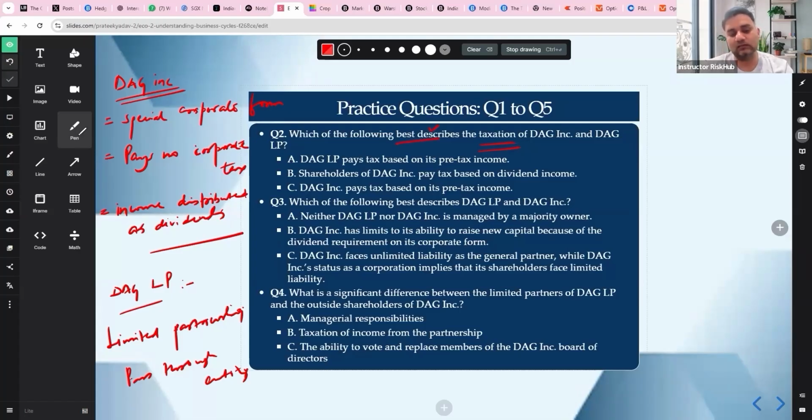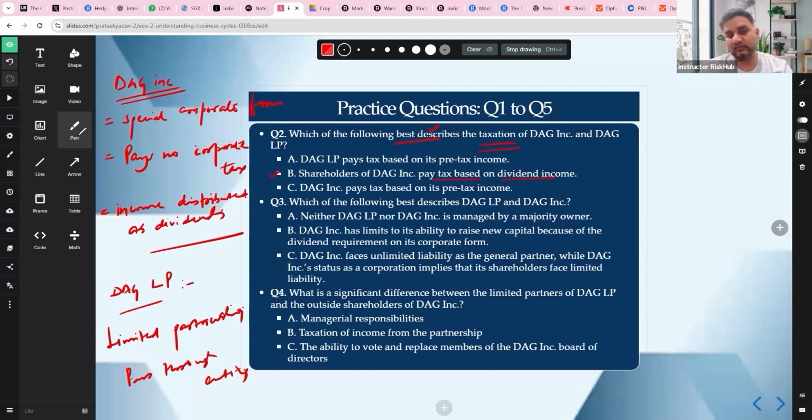So DAG Inc. shareholders pay tax on dividends, and since DAG LP is a limited partnership and pass-through, partners of DAG LP pay tax at the personal level. So this is correct.